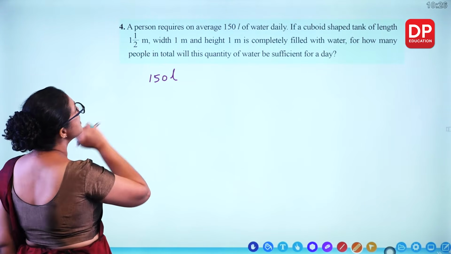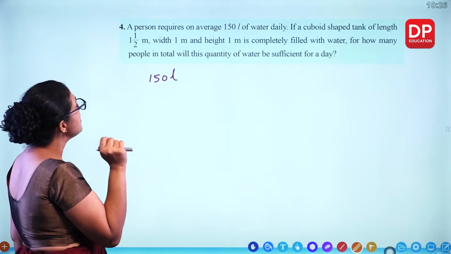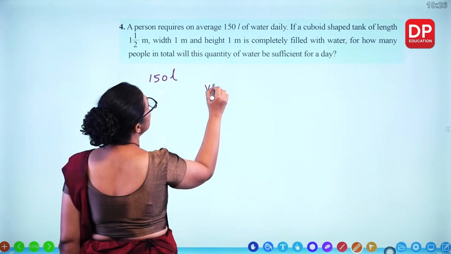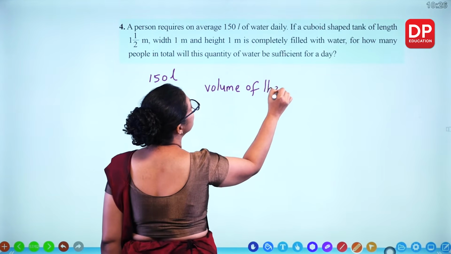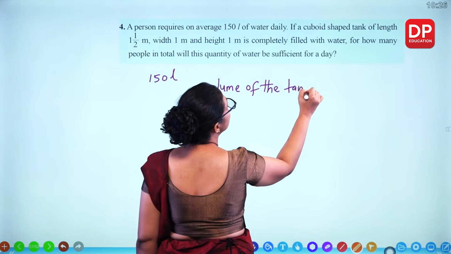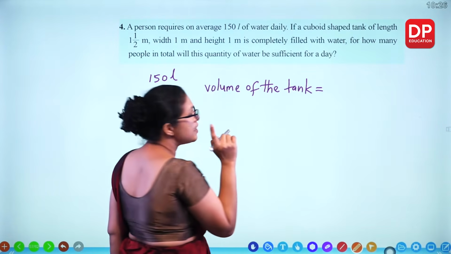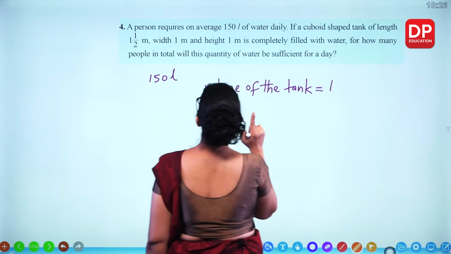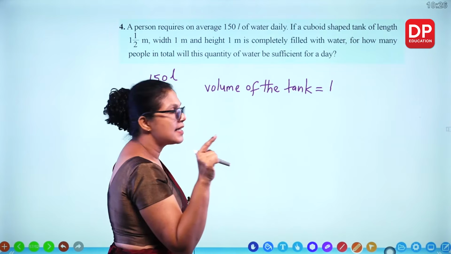This is in liters, so we can convert to centimeters and find out the volume of the tank. Volume of the tank. 1.5 meters means how many centimeters?